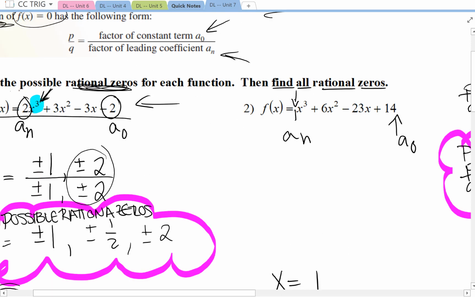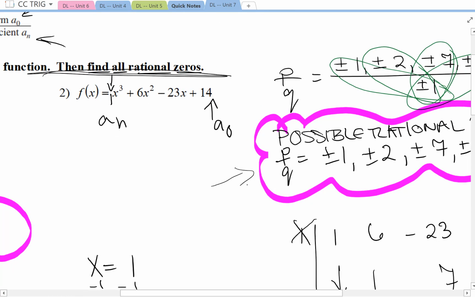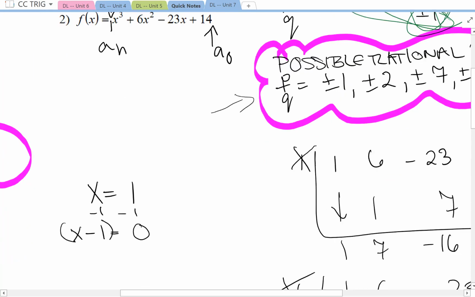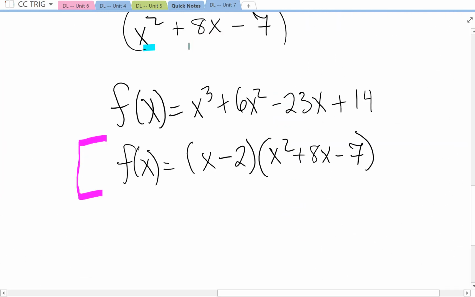They asked us to find all possible rational zeros and then all rational zeros. We found the possible rational zeros, and then we tested out values and found 2, but we haven't found the others. If this right here is not factorable, then it's not going to give you any more rational zeros.